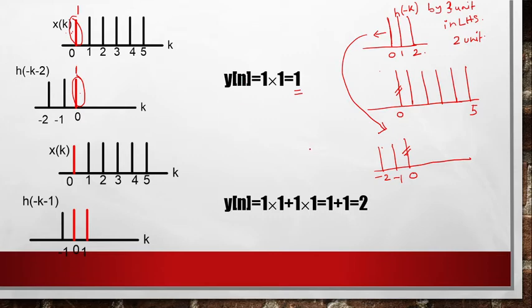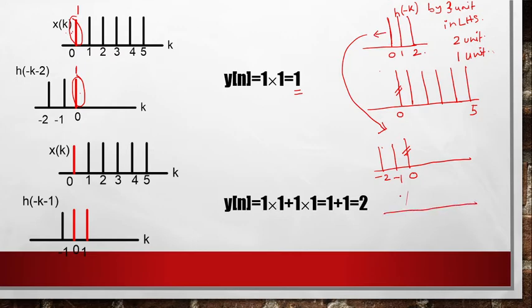Now next stage, this signal is fixed, but now I am going to move that signal h of minus k. I am going to shift this signal in the left hand side by 1 unit. If it is shifted by 1 unit, how will it look like?